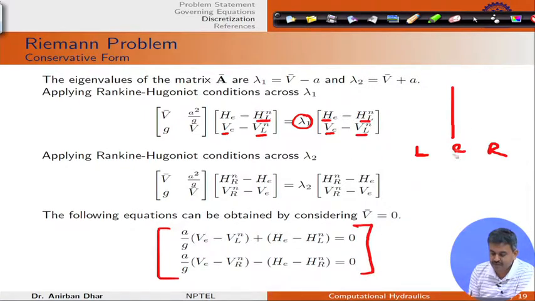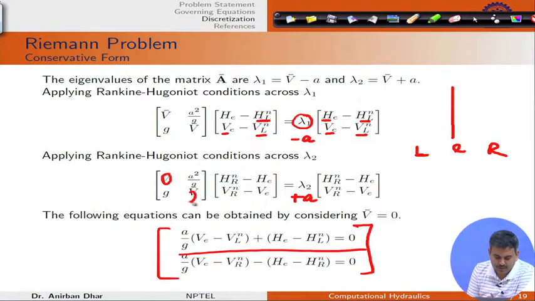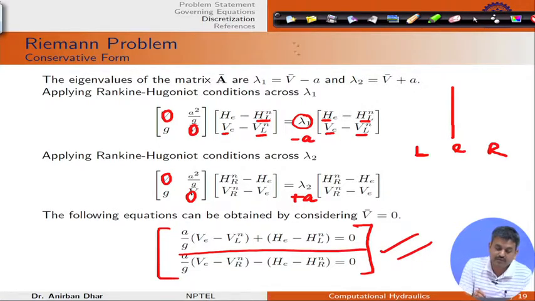At this face, we have a 0 value. Let us consider that, and with this calculation, we can get these two equations. Lambda 1, obviously this will be minus A, lambda 2 this will be plus A, and these values will be 0 here. So, if I apply this condition, we can get these two equations.